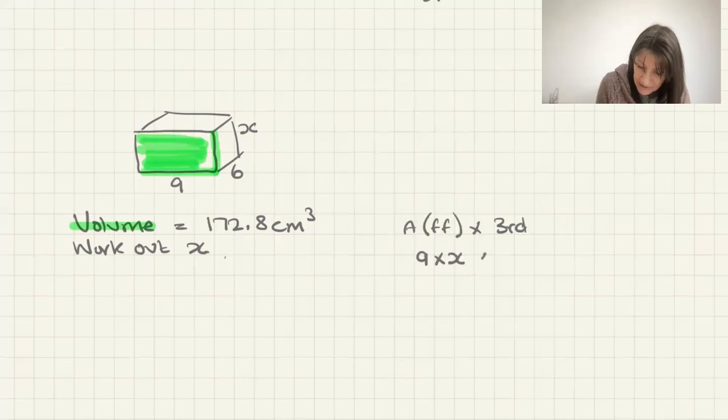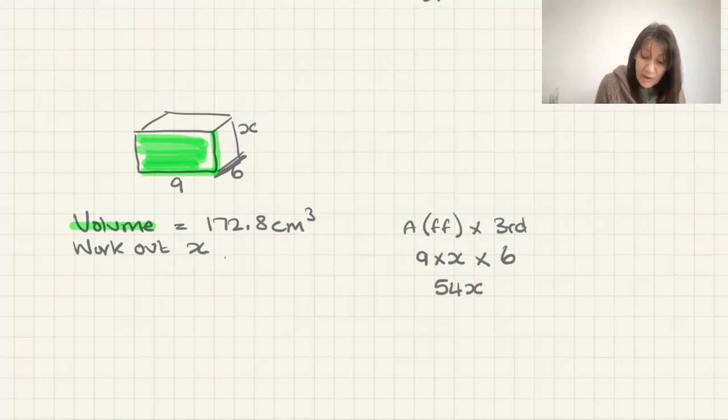I then time through by the third length. The third length is 6. When I tidy all of that up using my rules of algebra, I end up with 9 times 6, which is 54, and then the X squashes into it.